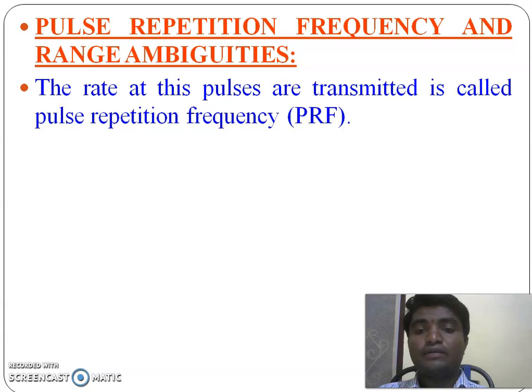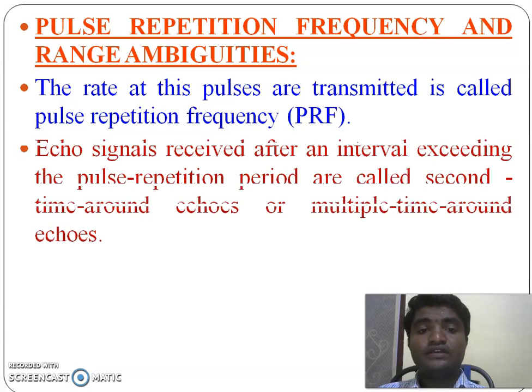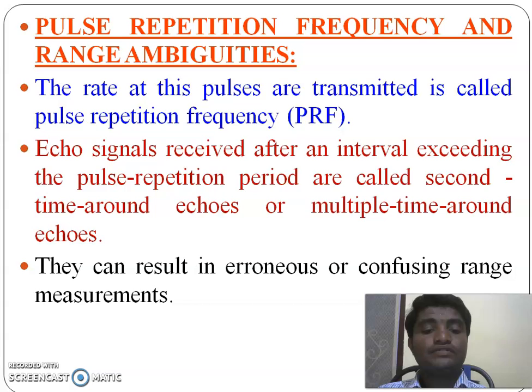The echo signals that arrive after an interval exceeding the pulse repetition period are called second time around echoes. These second time around echoes will lead to errors in the range measurements and will create confusion in the range measurements.